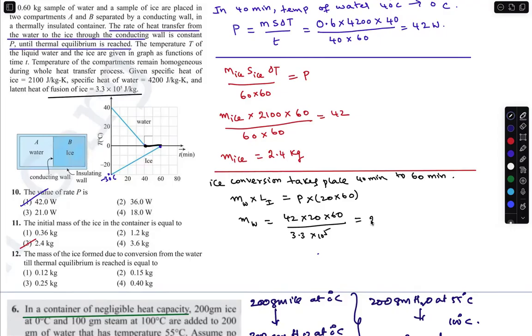Oh, hold on. Sorry. The 2.4 kg is already taken for the earlier calculation. After doing this, you will get 0.15 kg. Okay. So that's the deal. That is about this graph based question.